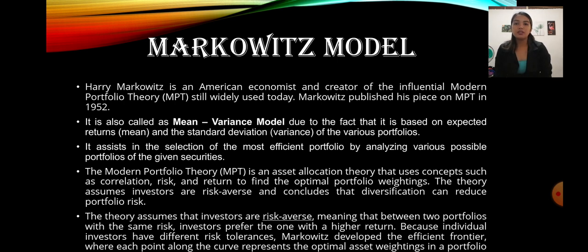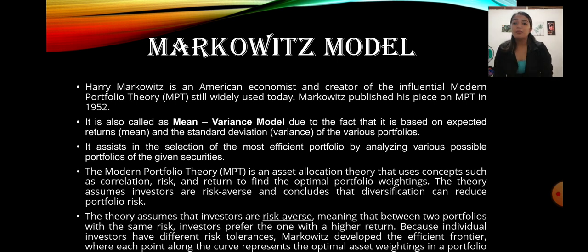The Markowitz model is also called the mean variance model because it is based on expected returns, which is the mean, and the standard deviation, which is the variance of the various portfolios.